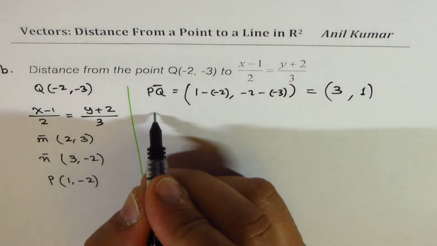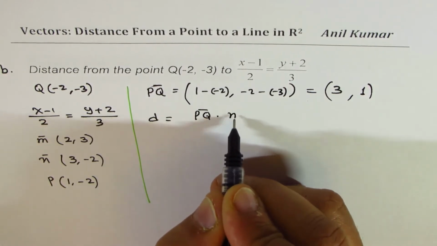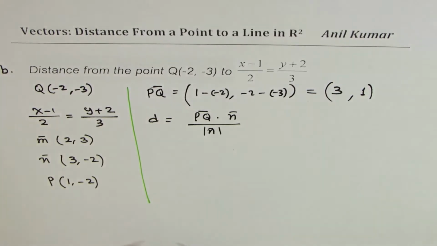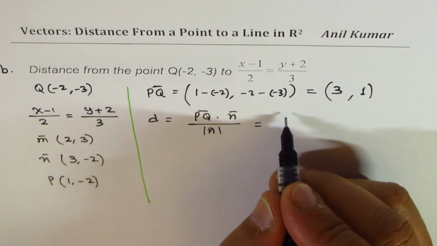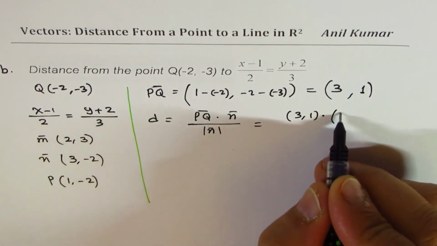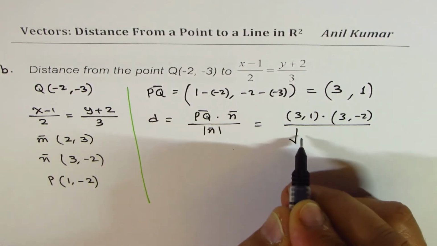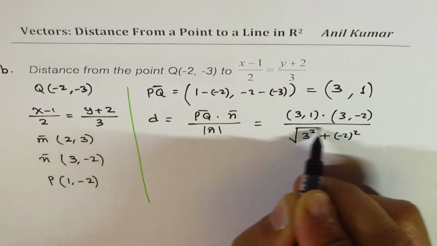So we'll find the distance using the dot product of PQ with the normal divided by the magnitude of the normal. Is that clear? So that gives you the dot product of PQ (3, 1) with normal (3, -2) divided by the square root of 3 squared plus (-2) squared, correct?